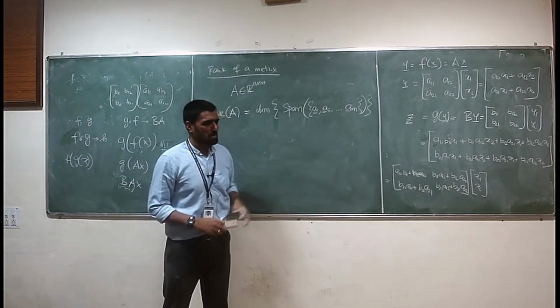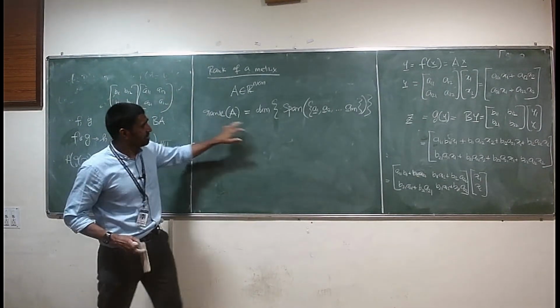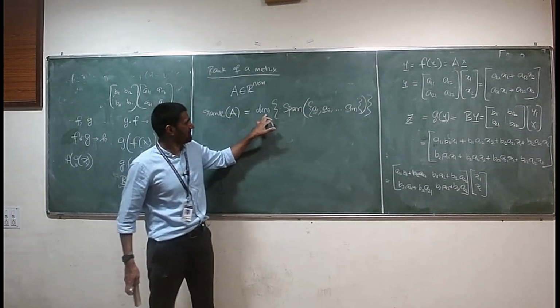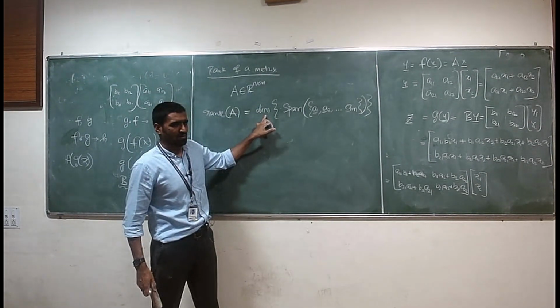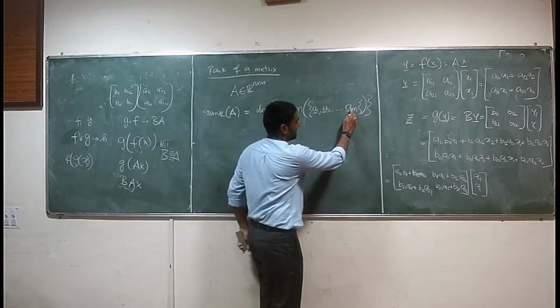What does it say? The rank of a matrix A is simply the dimension of the span of the columns of A.